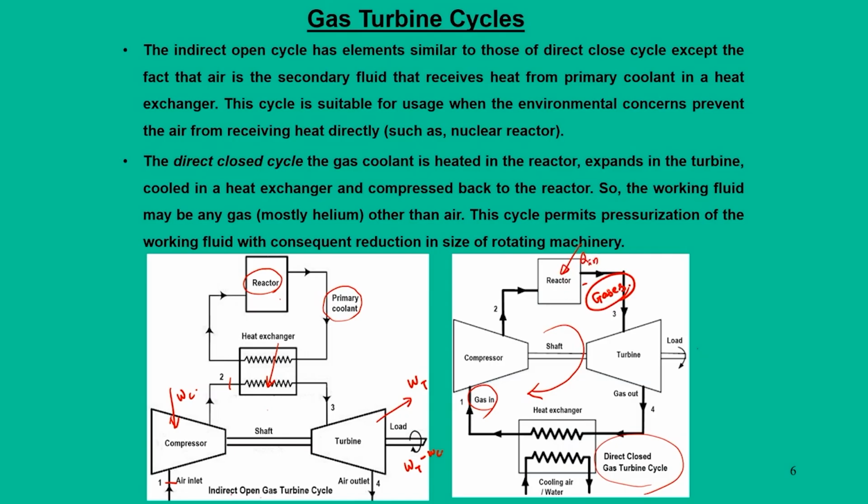Then this high pressure and high temperature gas enters the turbine at state 3, and after expansion the gas comes out of the turbine, but instead of going out to the atmosphere, the same gas is recirculated. The piping arrangements are different, one for the working fluid circuit, another for the rest of the components in the circuit. This is what we call a direct closed gas turbine cycle.